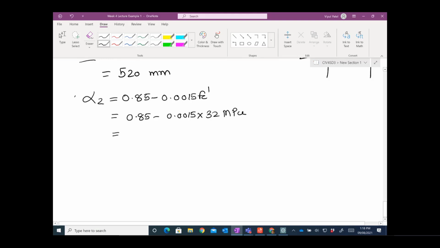If I use the calculator, it will tell me 0.802, which is greater than 0.67. Therefore alpha 2 is okay. All checks are okay. We can take alpha 2 equal to 0.802.